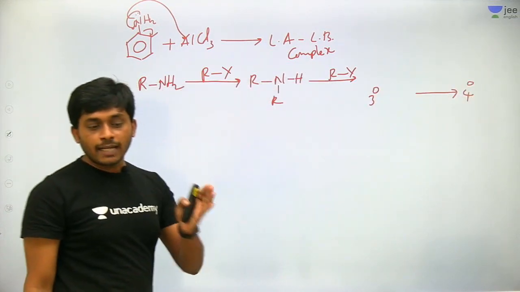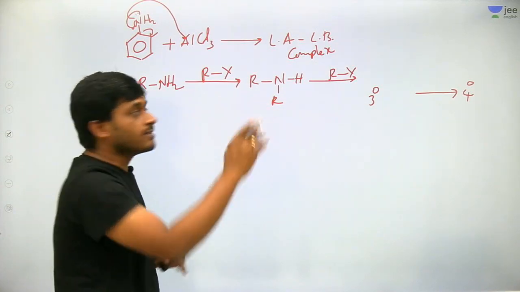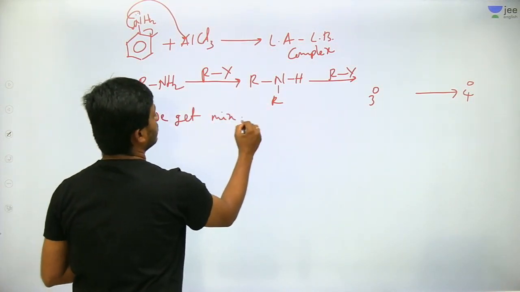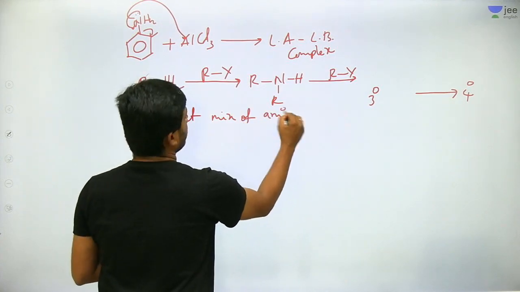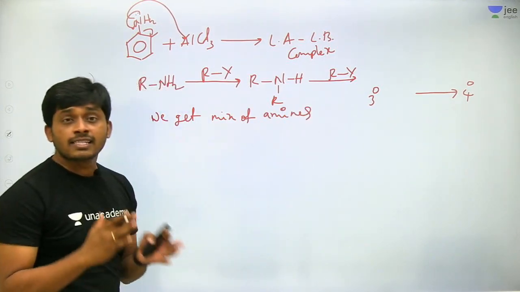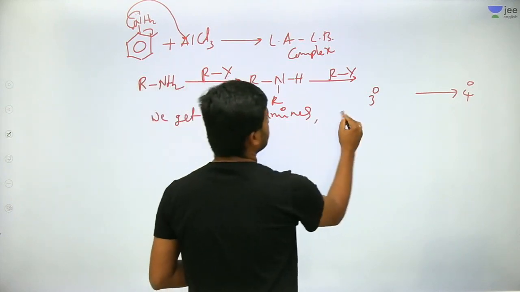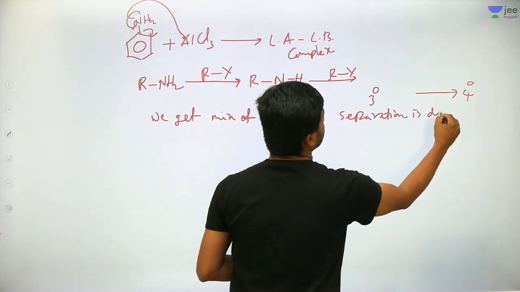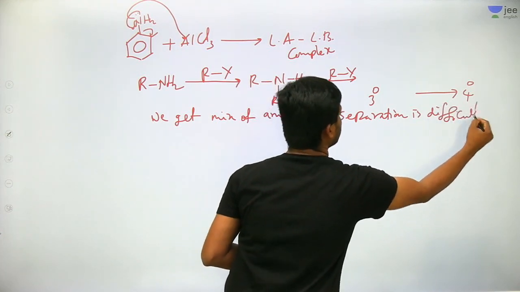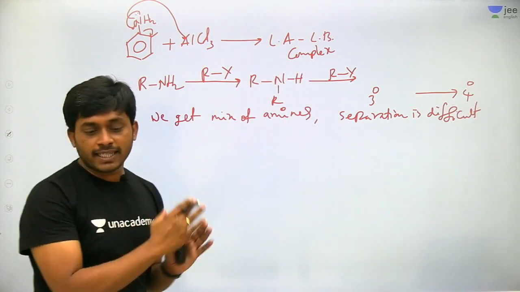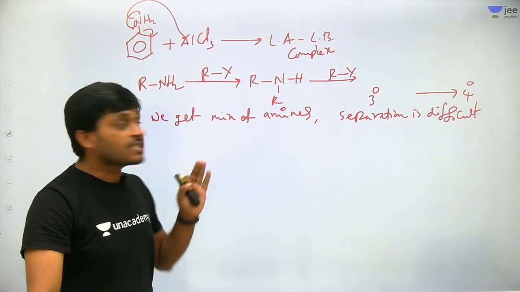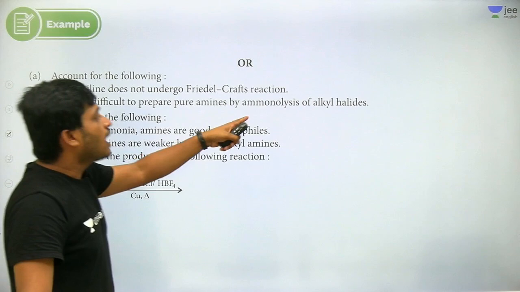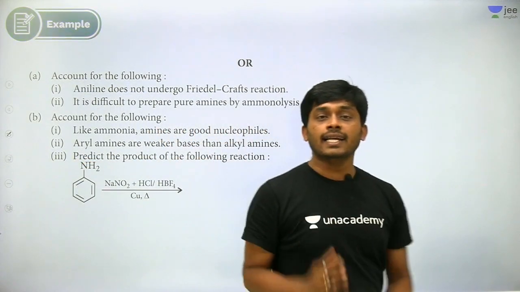So we don't get a pure compound, we get a mixture of amines, and separation is difficult. These two points must be in the answer. That is the reason why we don't use ammonolysis of alkyl halides.